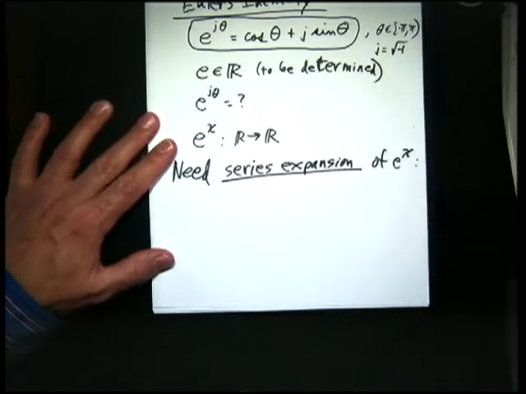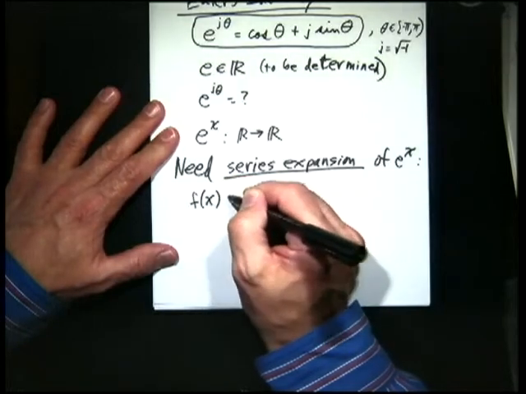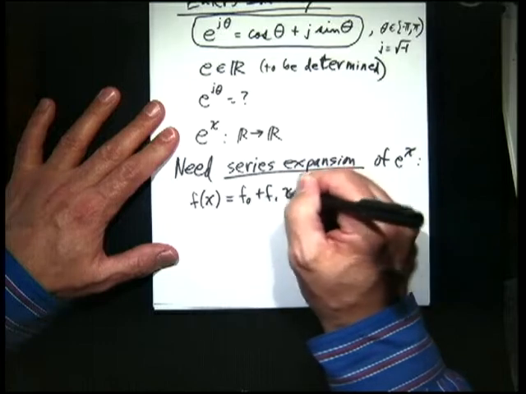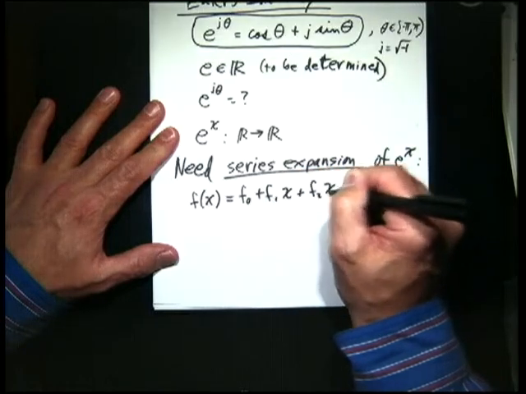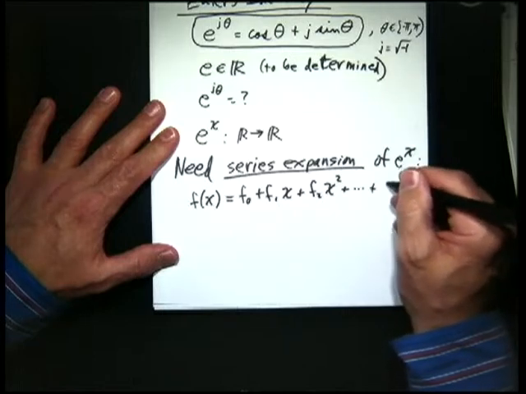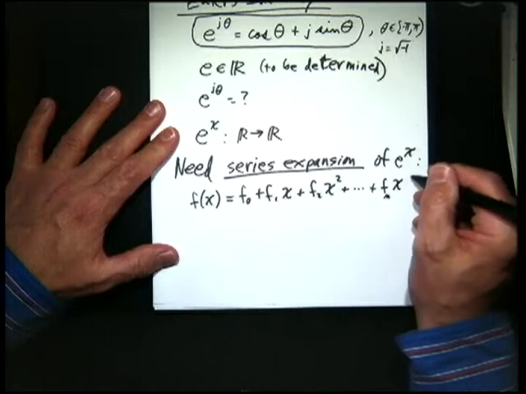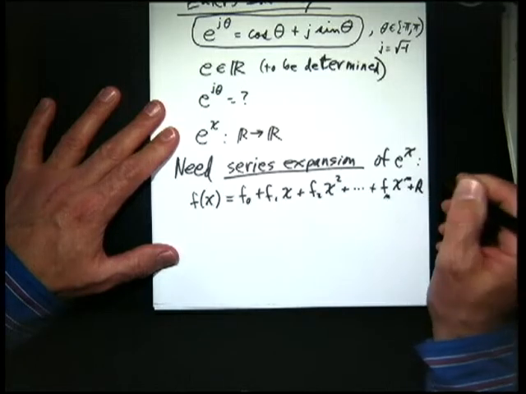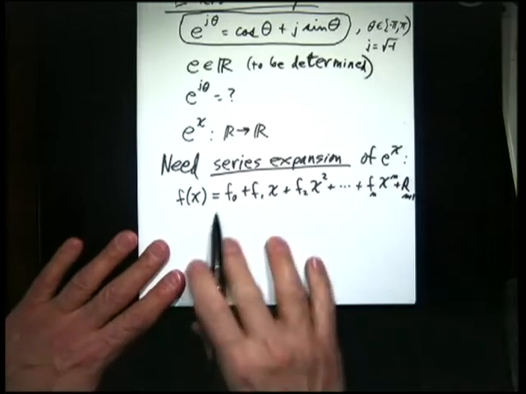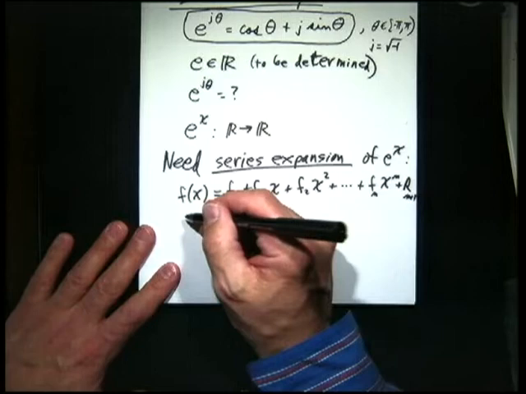And in general, the series expansion of f of x has the form f0 plus f1x plus f2x squared plus dot dot dot. And we may go out to some finite number of terms and then have a remainder term. And so it's basically just a polynomial. And you can see that polynomials are well defined.